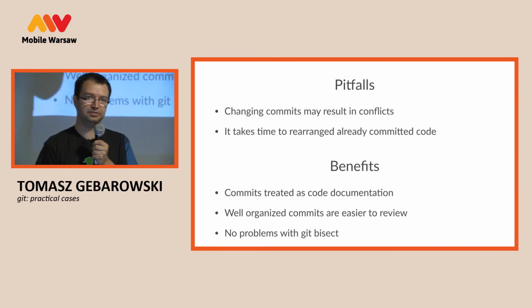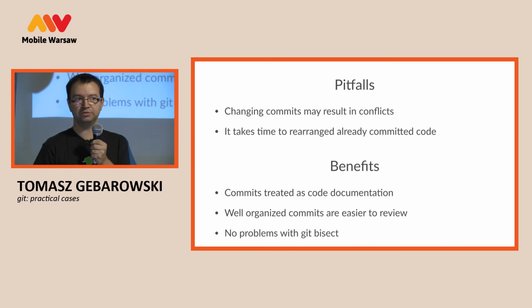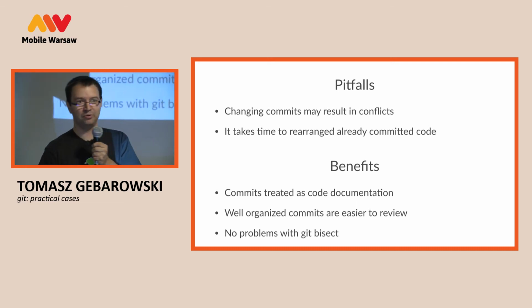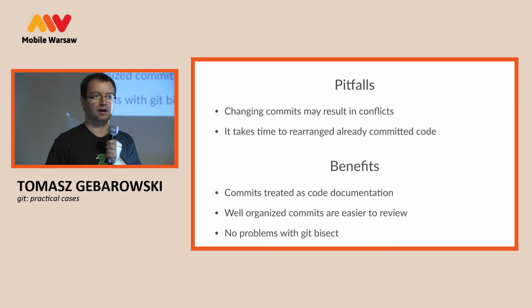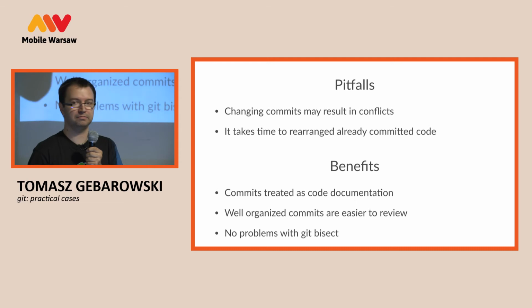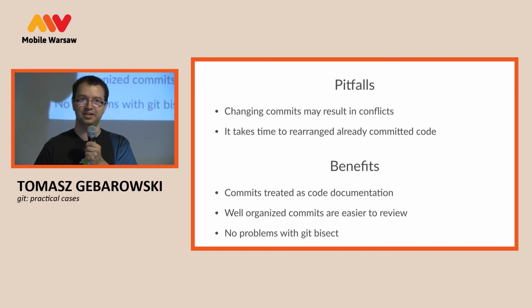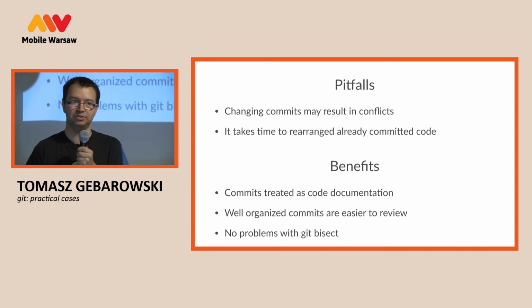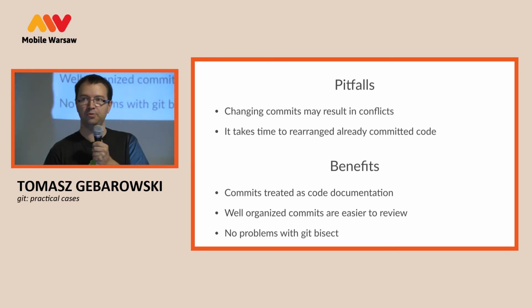So when you treat the Git log and Git history as a way to document the source code, you are simply not adding work-in-progress commits, or commits that are saying, I don't know, "fixing" and nothing else. This kind of information is totally useless for any future maintainer or developer who's going to work with your changes.